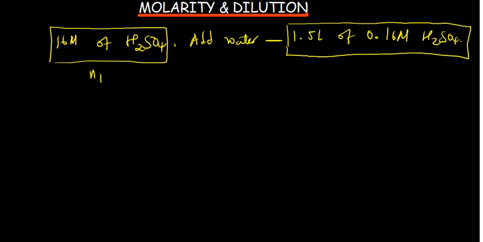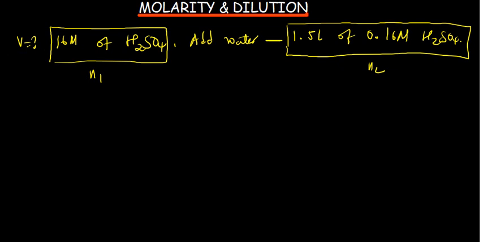You don't know the volume. That's what you want to find. But after you add water, the volume goes up to 1.5 liters, and the concentration has moved from 16 to 0.16. Why has it gone to 0.16? Because you have added more water. You have diluted it. Whenever you dilute, concentration reduces. Now the question is, what was the volume of the sulfuric acid before the addition of the water?